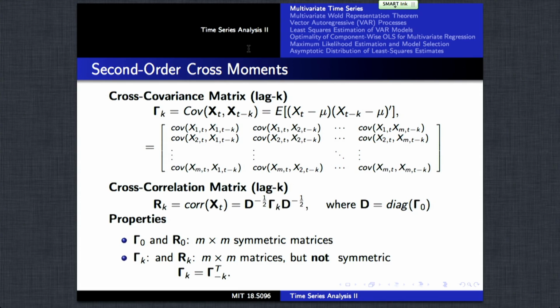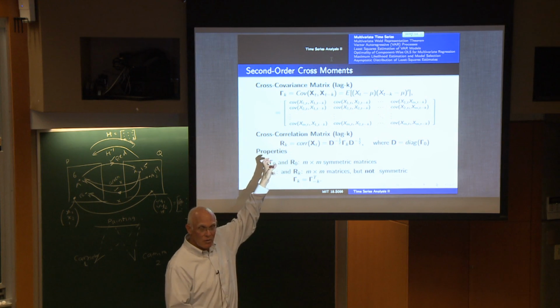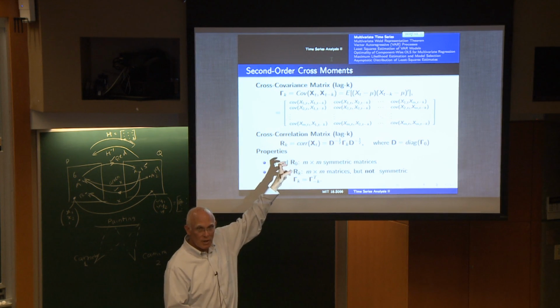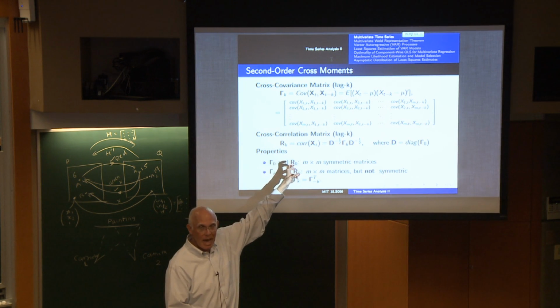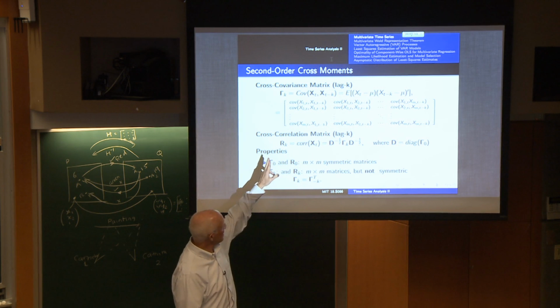So how do the current values of the multivariate time series, x_t, covary with the kth lag of those values? Gamma k is looking at how the current period's vector of values is covaried with the kth lag of those values. So this covariance matrix has covariance elements given in this display.